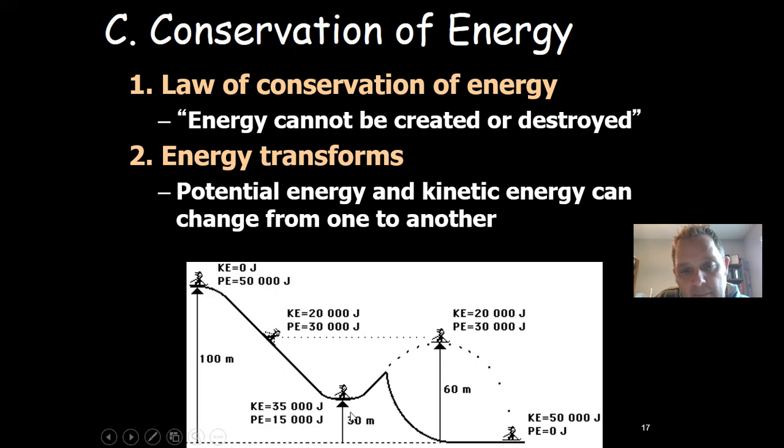And you can see that as they go down the hill, and then finally, when they're at the bottom, there's no height, and they have full speed. So we do not create or destroy, we transfer it. And for us, we're going to talk about transferring from kinetic or moving energy to potential energy, which is height.